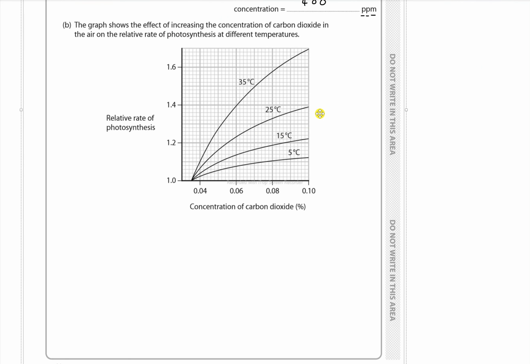Right, okay, let's have a look. What factors affect photosynthesis? So they've said CO2 levels, temperature, light intensity.